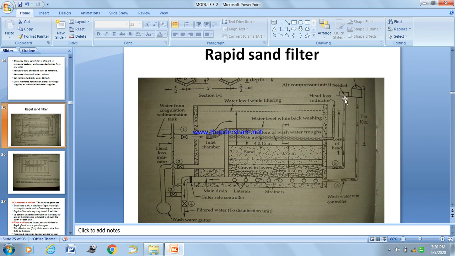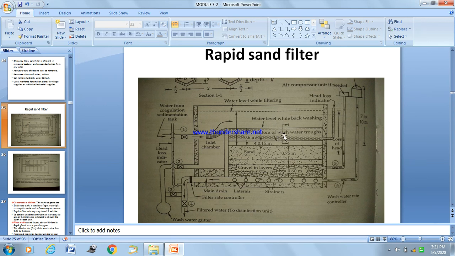With 5 open, air is sent with pressure, and there is a water tank, so water is sent through the open 6th valve along with the air. With that air pressure, the water moves from the central drain to the topmost portion, and the dirty water is collected at the wash water trough.